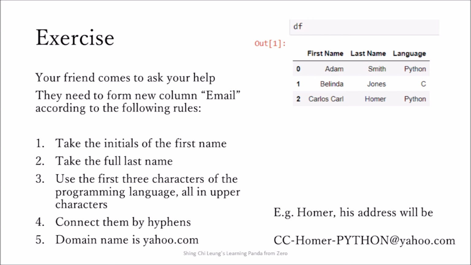It starts with the initial of the first name, then the full last name, and then the first 3 characters of the programming language they use. The 3 segments are connected by hyphens, and finally the domain name is yahoo.com. There are many steps here, but all the skills are well covered in this chapter. Again, feel free to pause the video to give yourself some time to think about the answer.